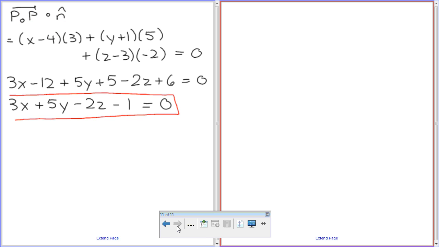Okay, example. We're going to say a scalar equation of the plane. Is this not example 2? No, this is an example.